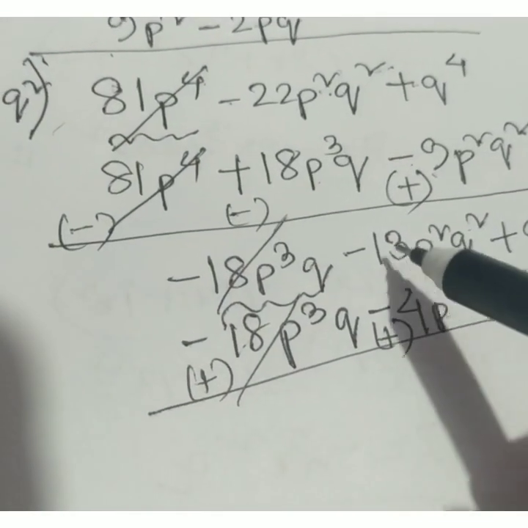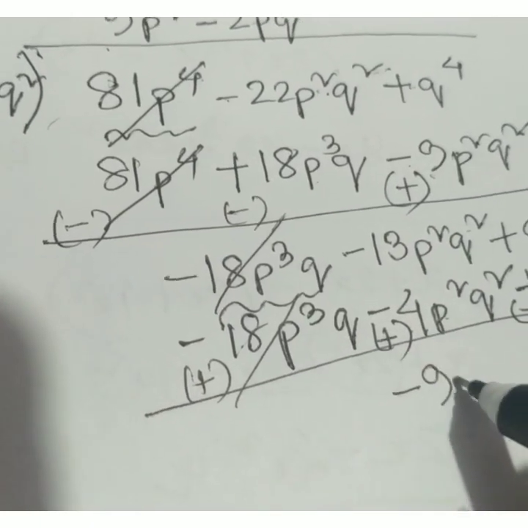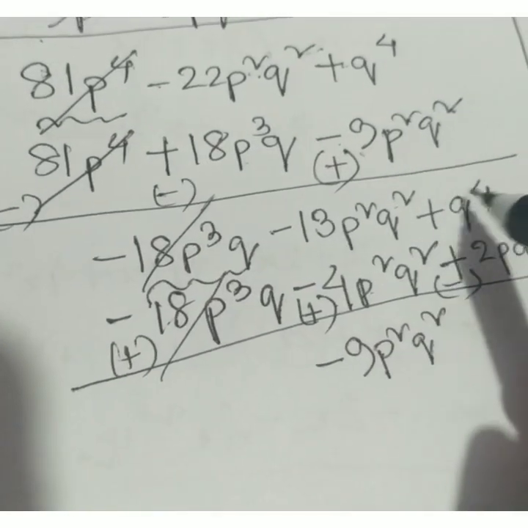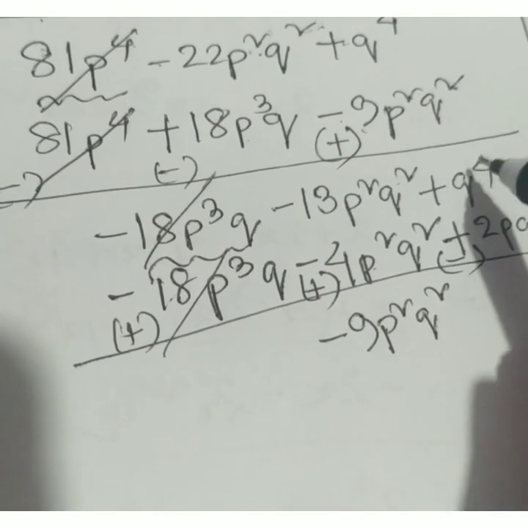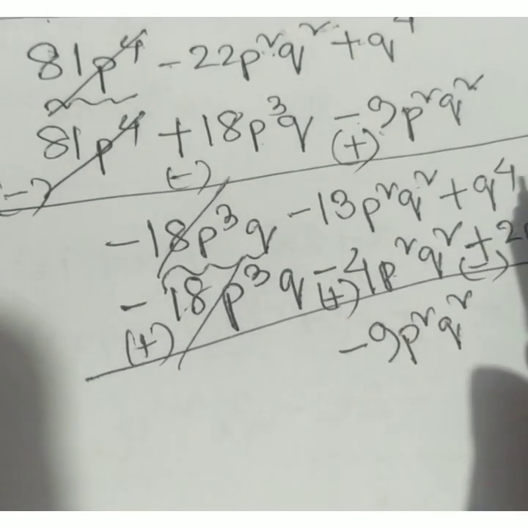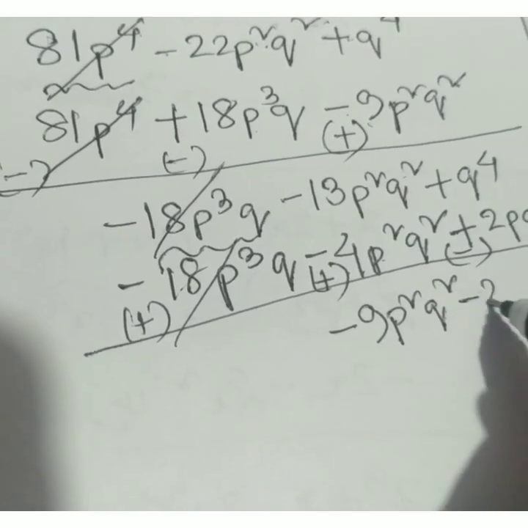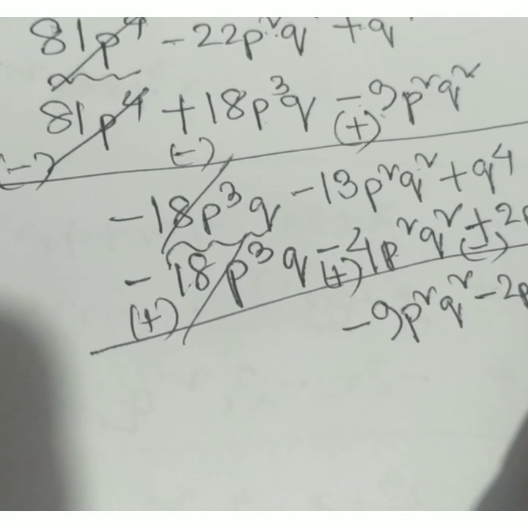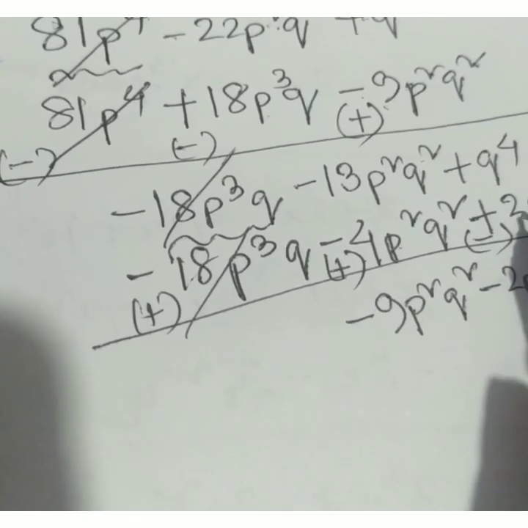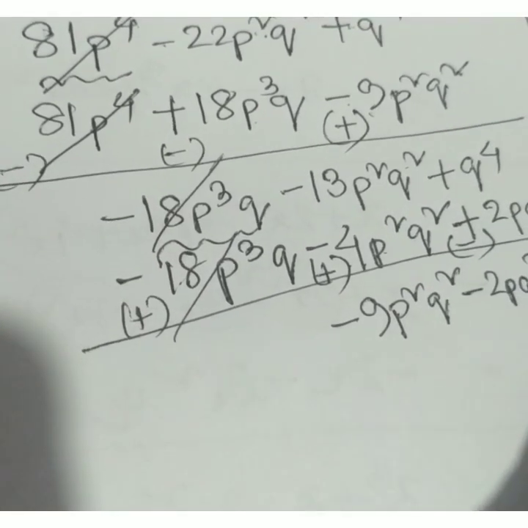So we can add them up. Minus 13 plus 4 becomes minus 9p²q². Next, 2pq³, q⁴. This does not have the same power, so we keep it as it is. So minus 2pq³, because here it is a minus, so this will act as a negative sign. So minus 2pq³ plus q⁴.